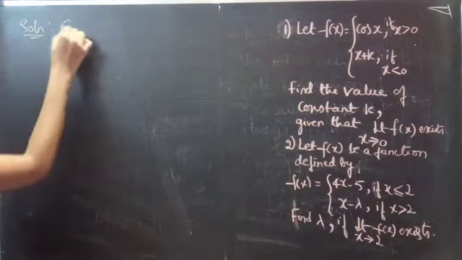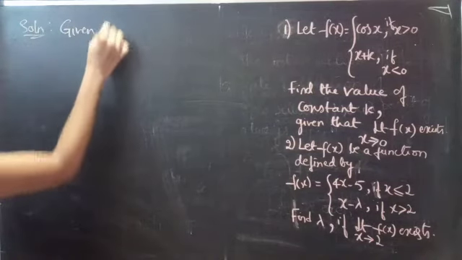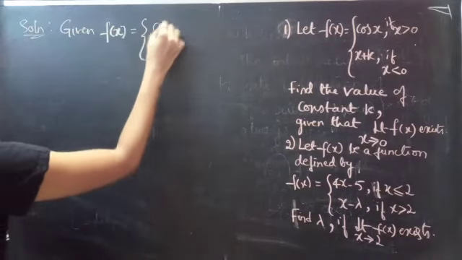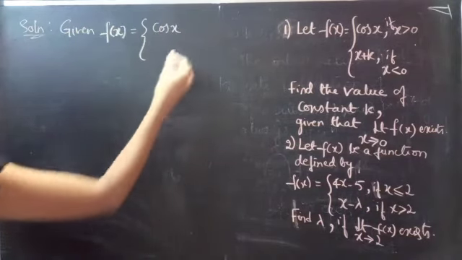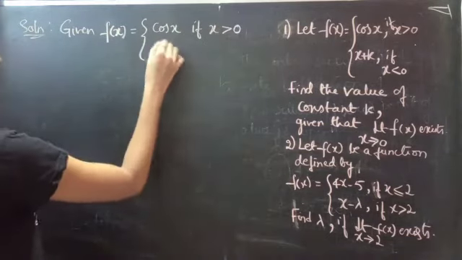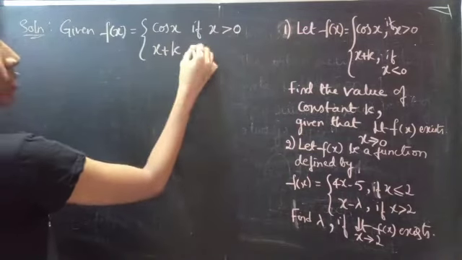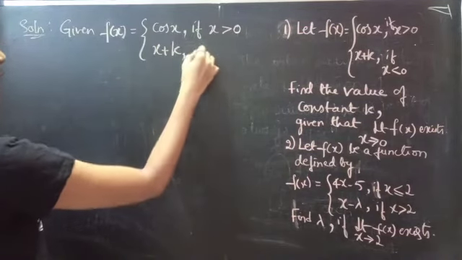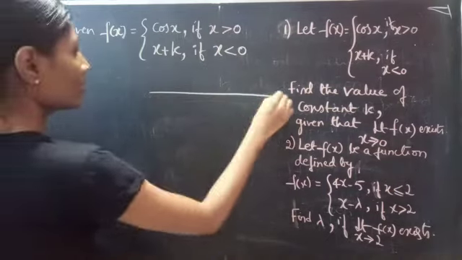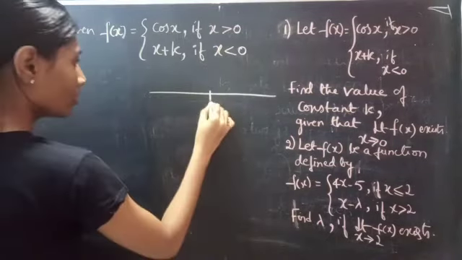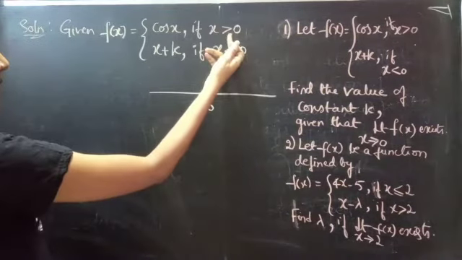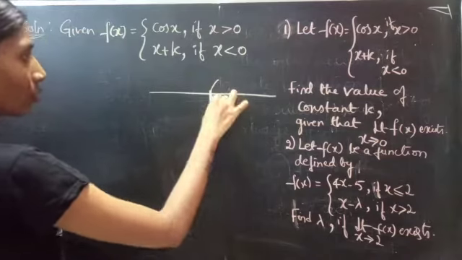So given f of x is defined by cos x if x is greater than 0, and f of x equals x plus k if x is less than 0. If we consider a real line, suppose this is the point 0.